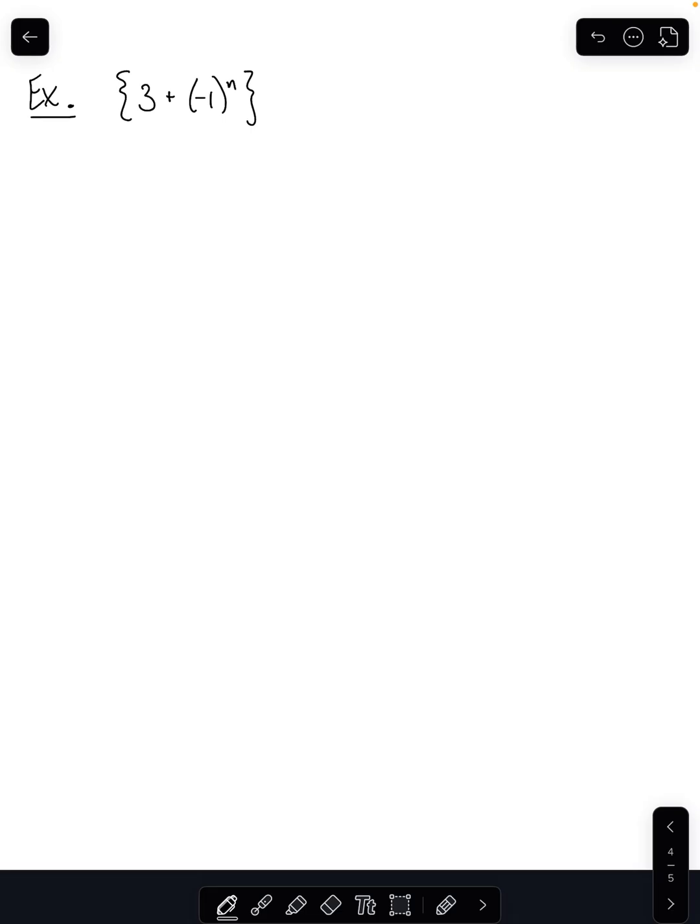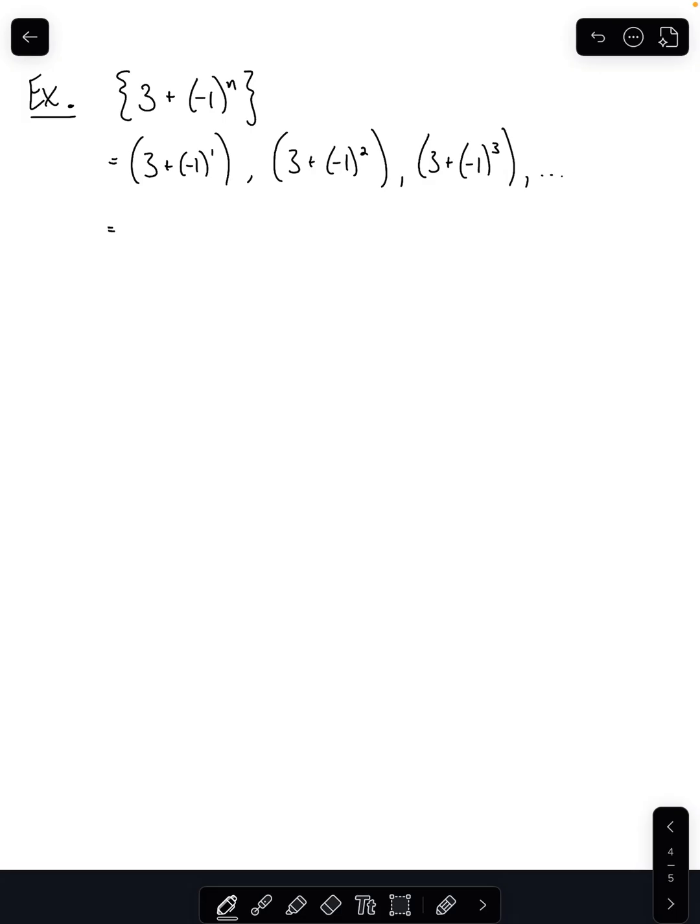In this case, our base is negative, which seems like it should not be acceptable, except for the fact that since we are only using positive integer values for n, we can actually work with this. For example, our first term would be 3 plus -1 to the first. Our second term would be 3 plus -1 to the second. And then 3 plus -1 to the third, etc.